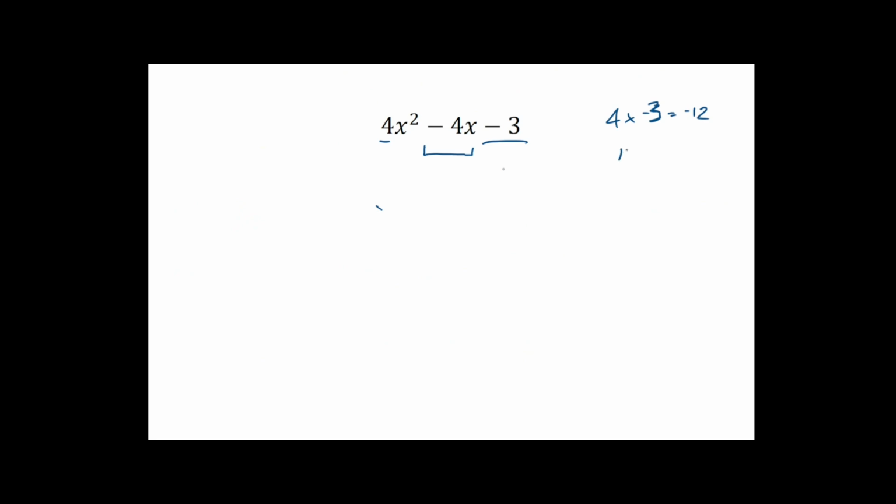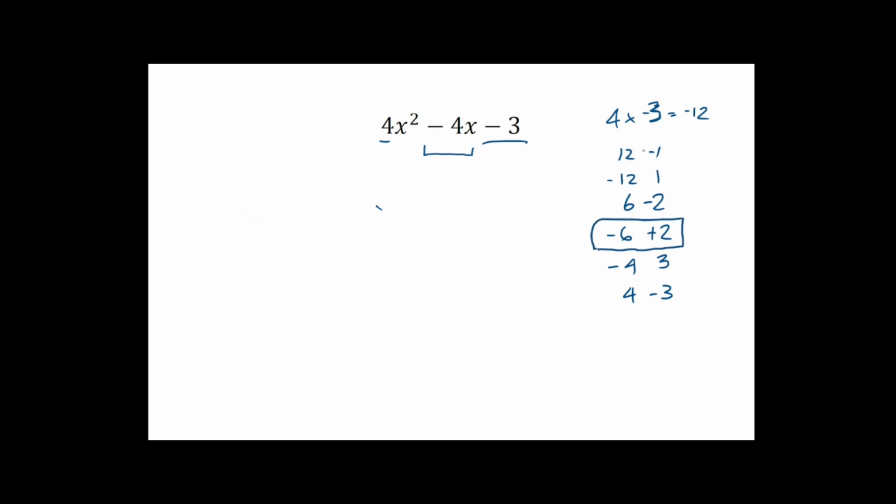Well, there's 12 and negative 1. There is negative 12 and positive 1. There is 6 and 2. Minus 6 and positive 2. And there is minus 4 and 3, and 4 and minus 3. So only one of them works, and it is that one.